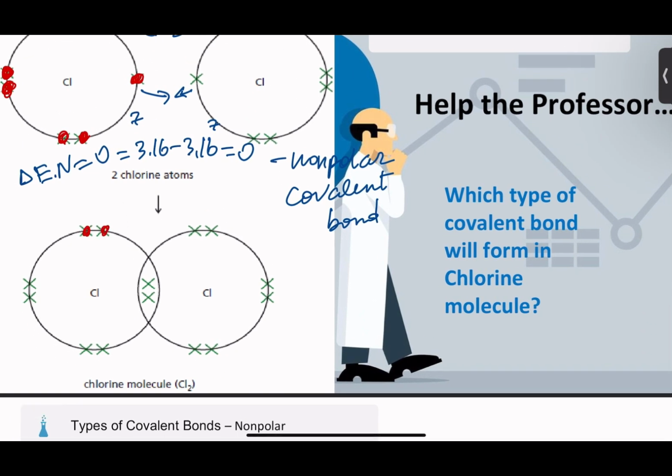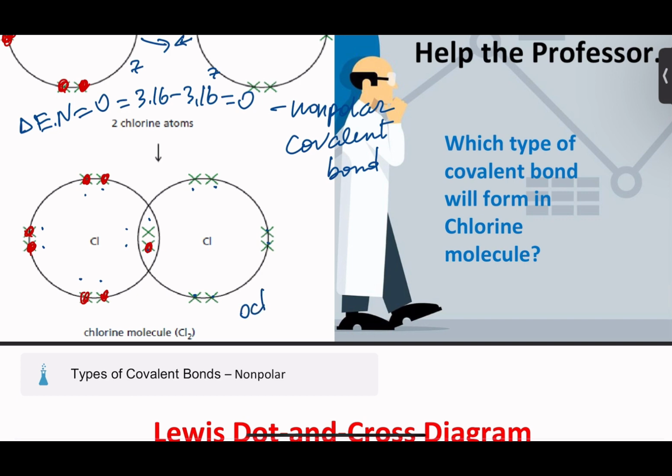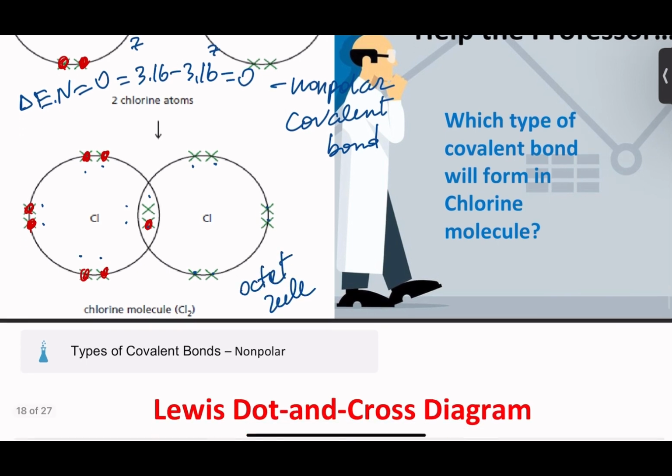So this one is dot, dot, dot, dot, dot. Now they shared, so let's count the number of electrons. 1, 2, 3, 4, 5, 6, 7, 8. 1, 2, 3, 4, 5, 6, 7, 8. They have the octet rule completed, so they reached stability and made a bond.